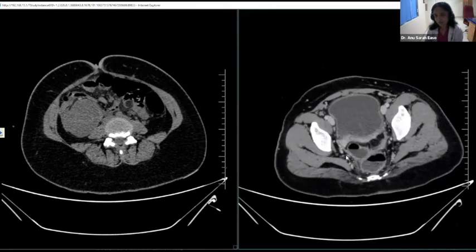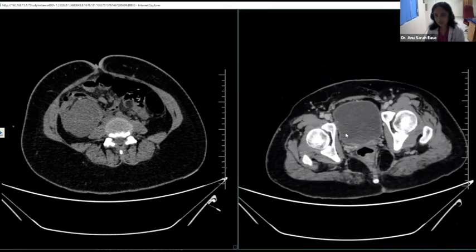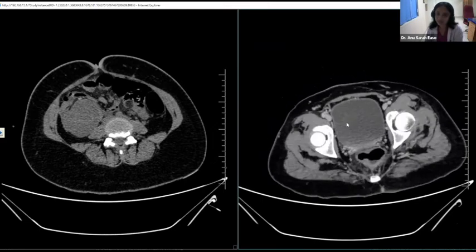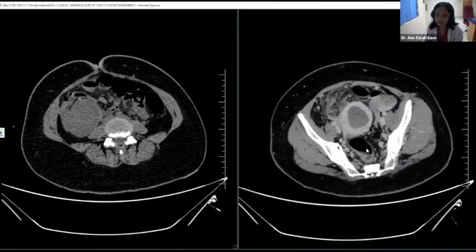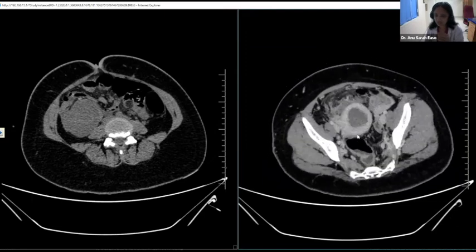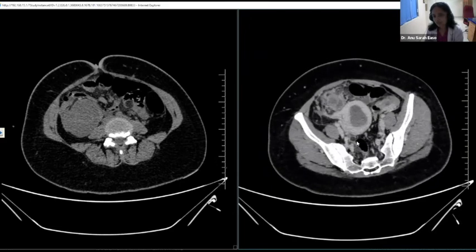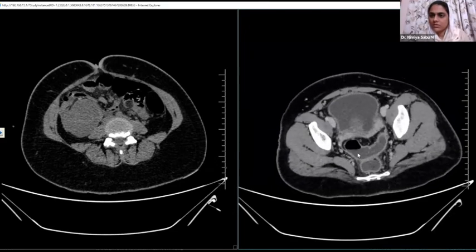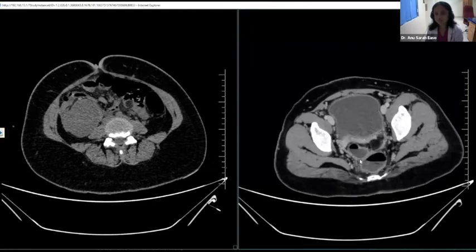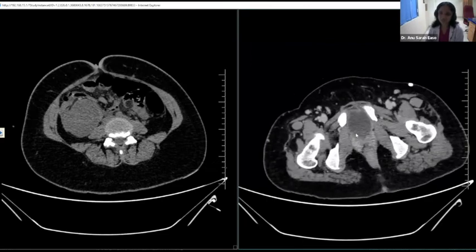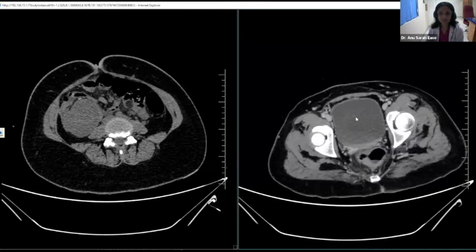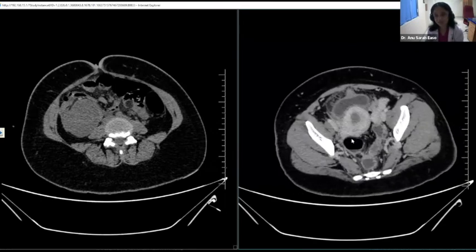So that is also very confusing. It was confusing at that time, but the appearance of this was almost like a uterus. We did think about uterine anomaly because she was unmarried, but she didn't give much history about her cycles or anything.